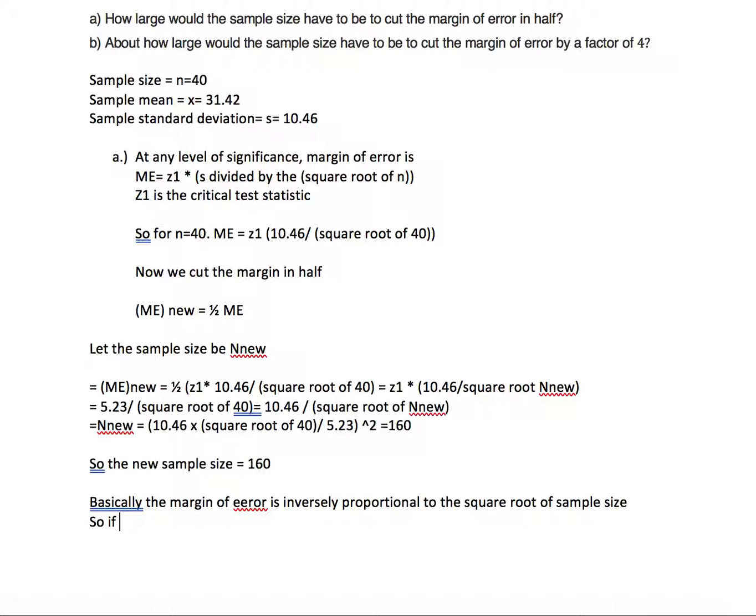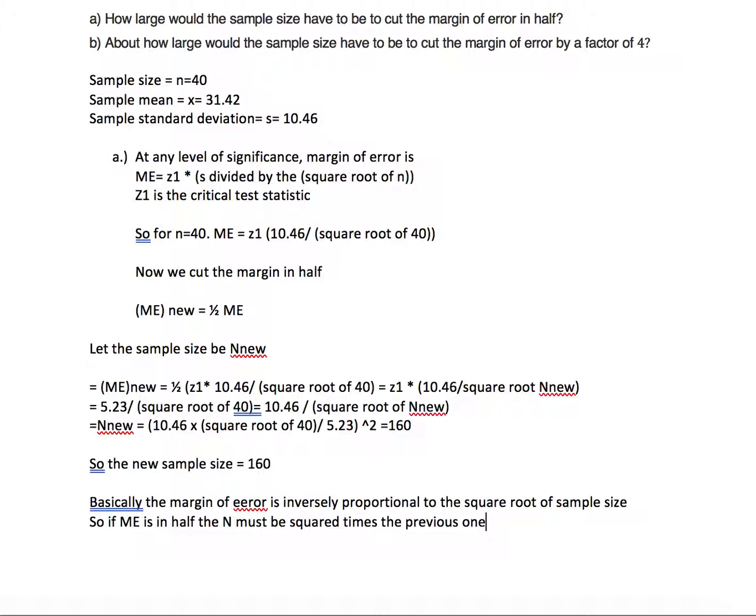So by that, if the margin of error is cut in half, the n must be squared. Sorry, I'm having to think this through. Okay, so if the margin of error is cut in half, the n must be multiplied by 2 squared times the previous one.